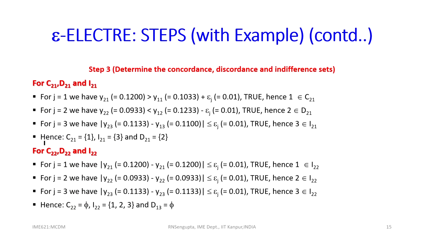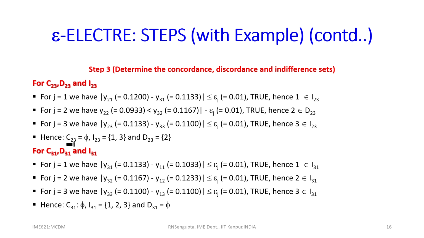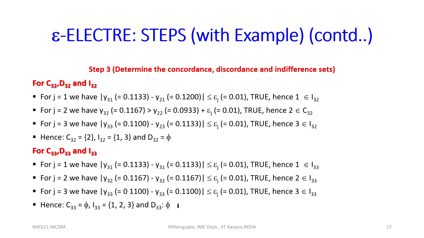So, if I continue, I am only marking them: C21, I21, D21, then C22, I22, D22, then C23, I23, D23, C31, I31, D31, then C32, I32, D32, C33, I33, D33.